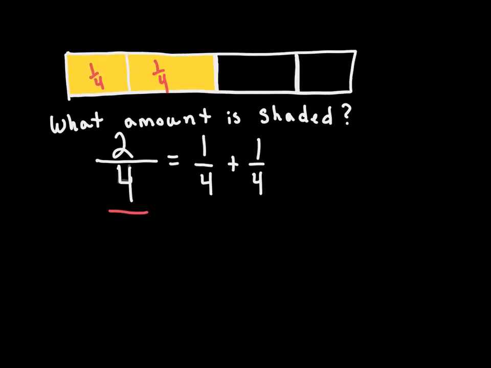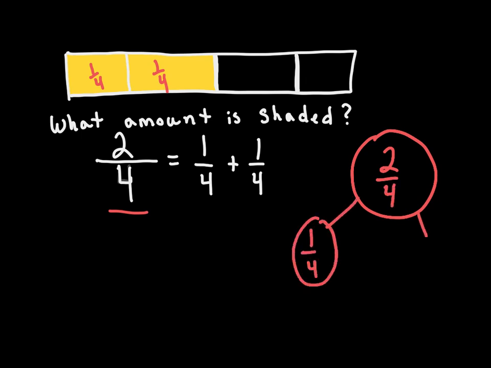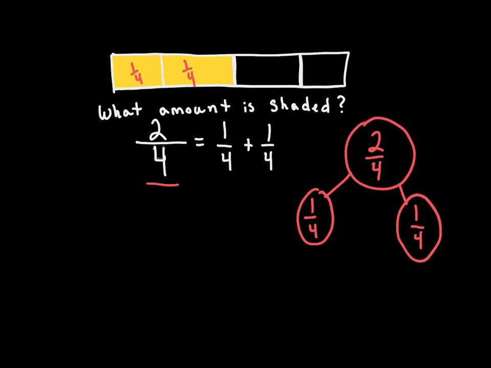Another way of doing this would be a number bond. So we have 2/4 here, and then 1/4 here, and then another 1/4 here. How would it change if we now wanted to make the total 3/4 and we added on another shade?